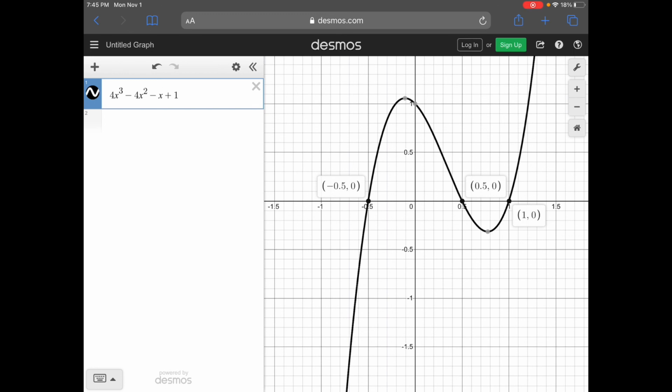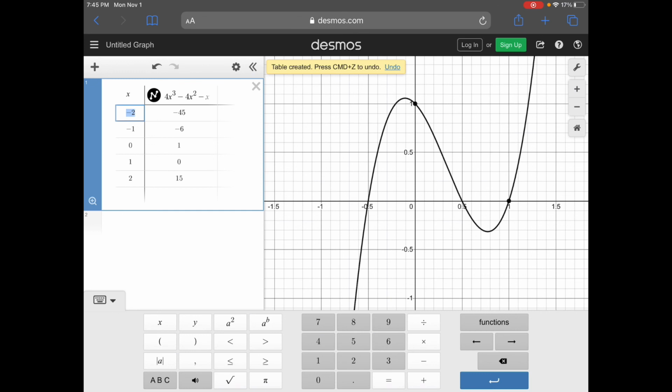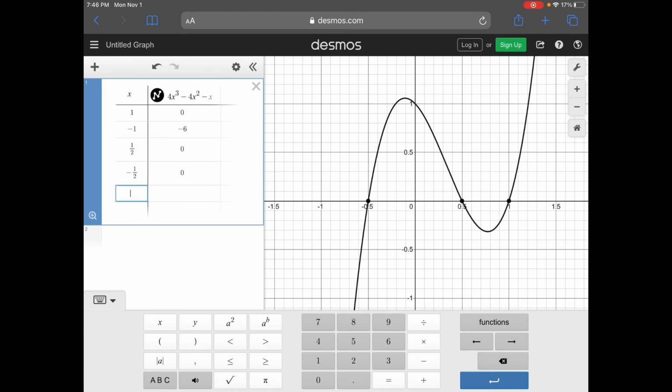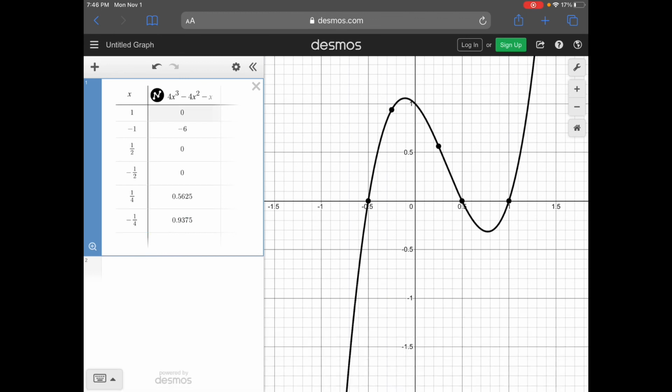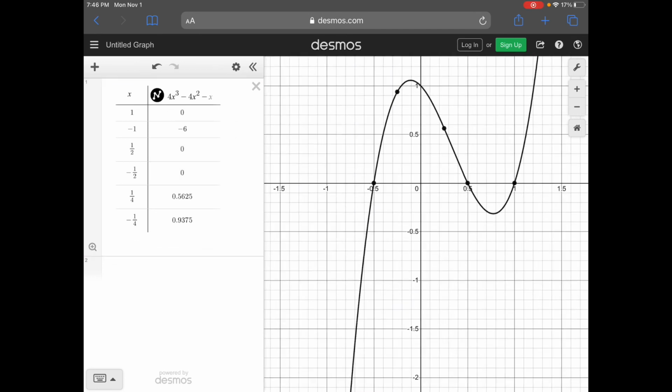If I go to my table, my possible rational zeros were positive 1, negative 1, positive 1/2, negative 1/2, positive 1/4, and negative 1/4. Here I can see I have 3 zeros: 1 at 1, 1 at 1/2, and 1 at negative 1/2. These all cross at each of these zeros. They're going straight through. None of them are tangent. So my zeros again are at 1, positive 1/2, and negative 1/2.